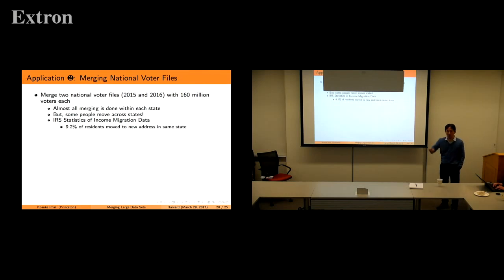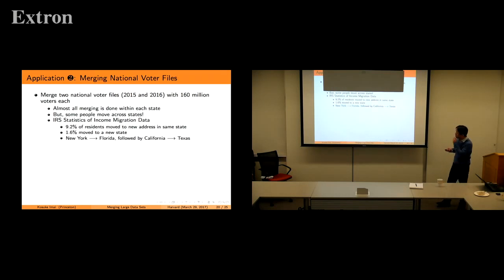So people move within the state. This is the same year, 2015, 2016. 1.6% moved to a new state. So it's a small number, but there are some people who move. Okay, and about 90% of people didn't move during this time.